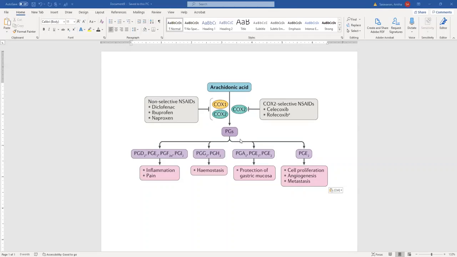So, because they're selectively affecting, I'm not expecting you to know any further other than just generally think of COX-2 and then think of COX-1, right? So if you think of COX-1, those are medications such as ibuprofen, naproxen, and they're not selective. So they're generally affecting all of these areas, okay?